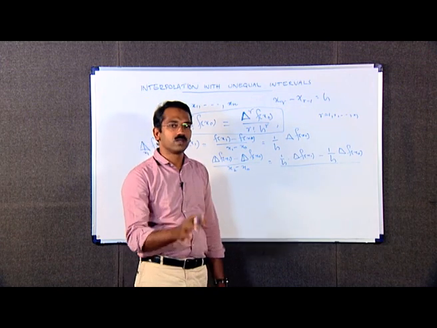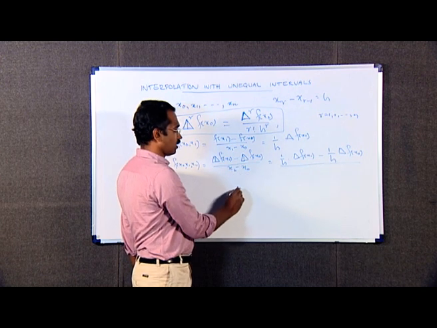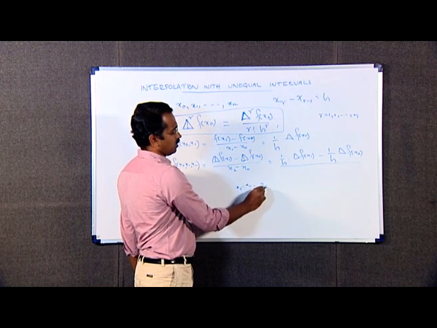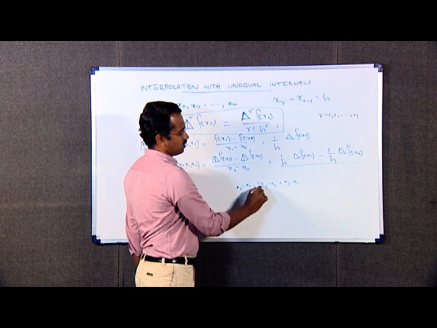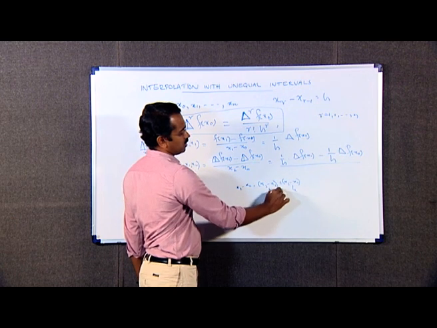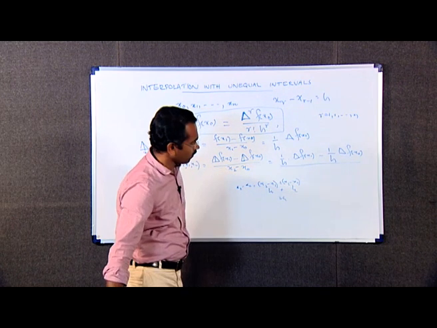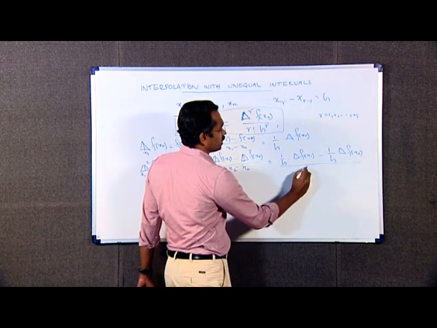Here all the arguments are equally spaced. Therefore, x2 minus x0 can be written as x2 minus x1 plus x1 minus x0. This x2 minus x1 means h, this also h, that is h plus h is 2h. Therefore, x2 minus x0 is equal to 2h.